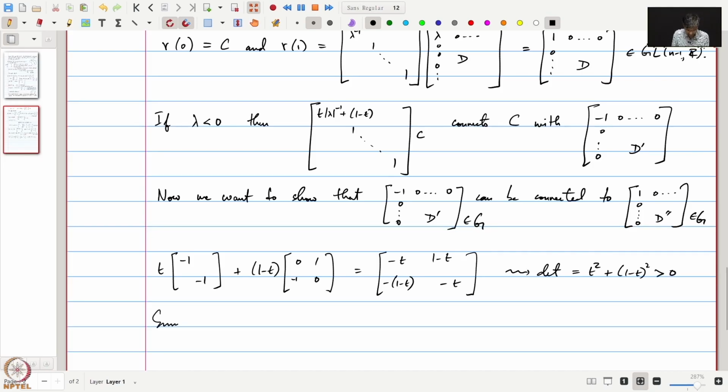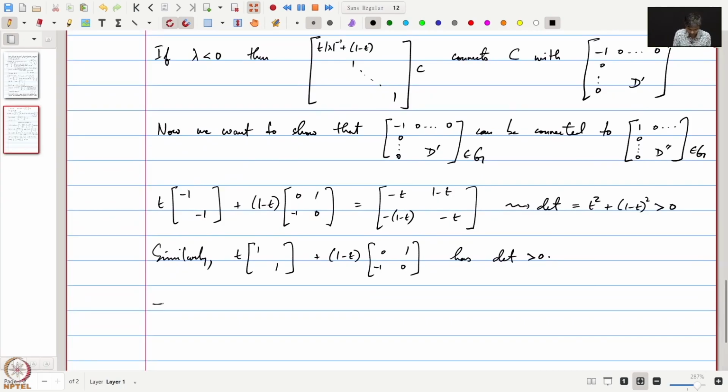And similarly, t times this matrix plus (1 minus t) times 0 1 has determinant positive. So what this means is that this minus 1 can be joined to 1, 1 in GL2 R plus.